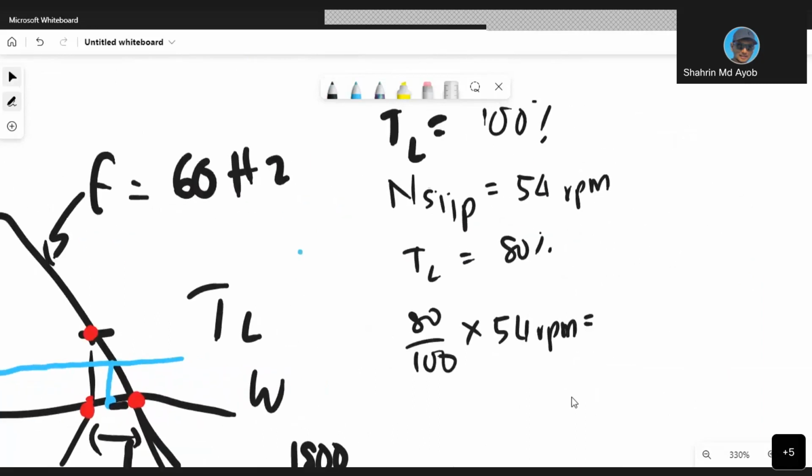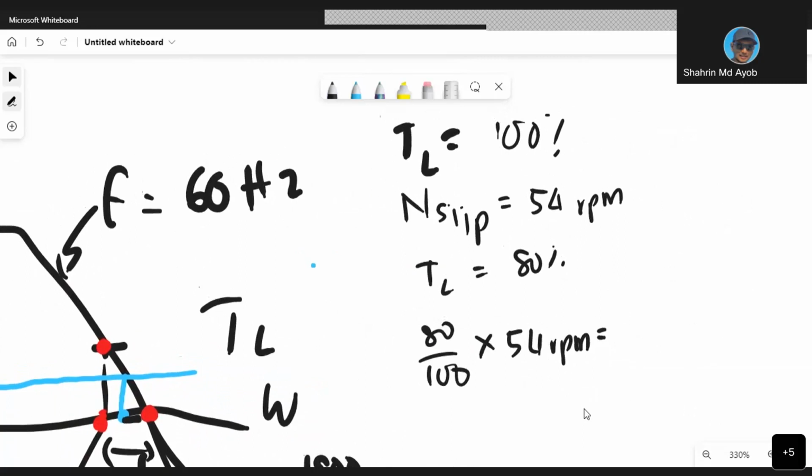Kalau torque load you 100%, so the slip speed is 54. But when you reduce, so the slip speed berapa dapat? 40.2. Okay, dapatlah. This one, your slip speed.